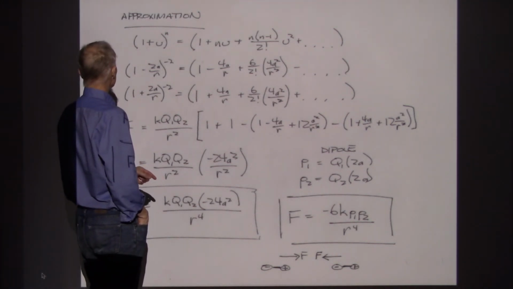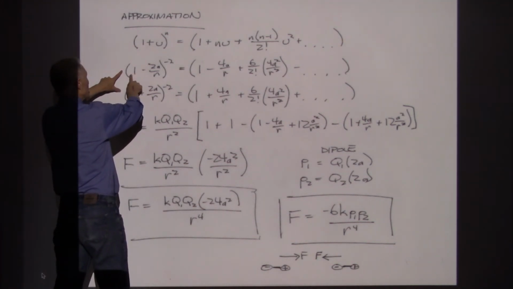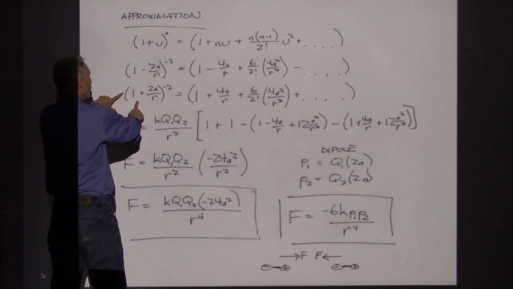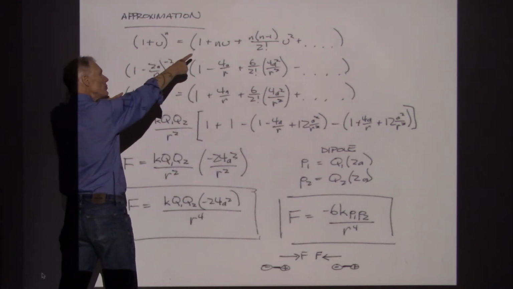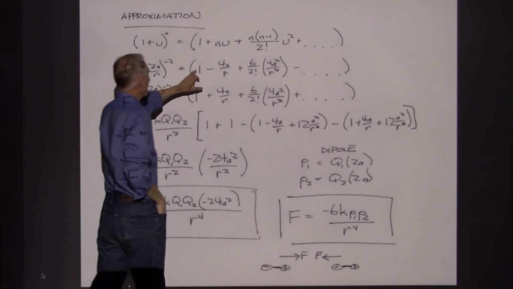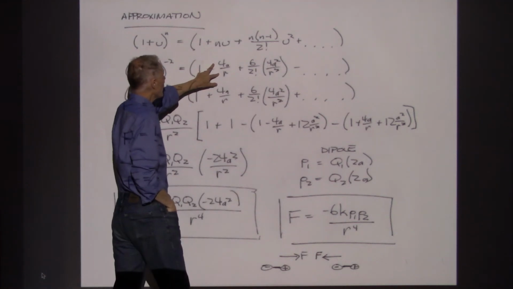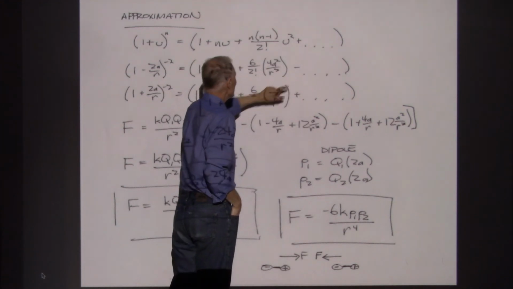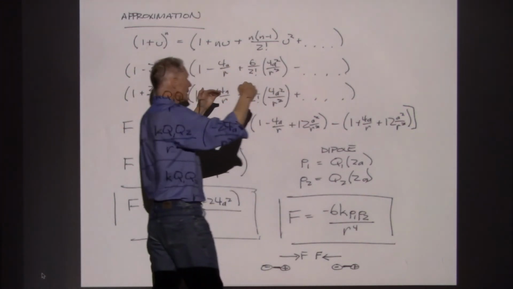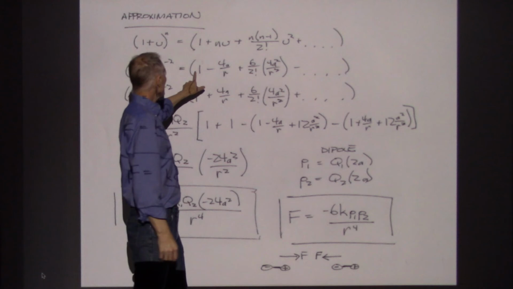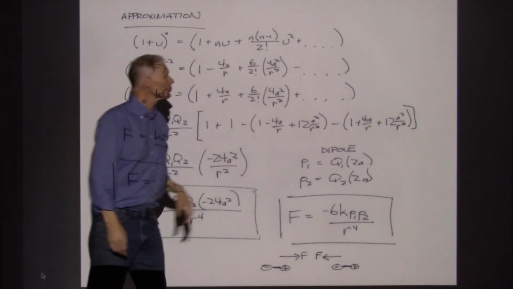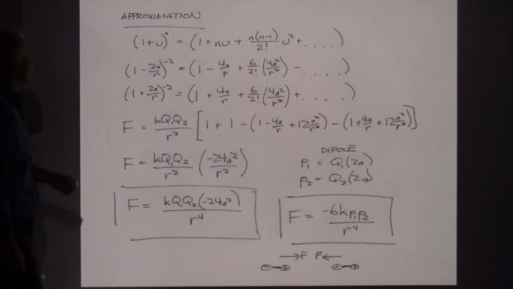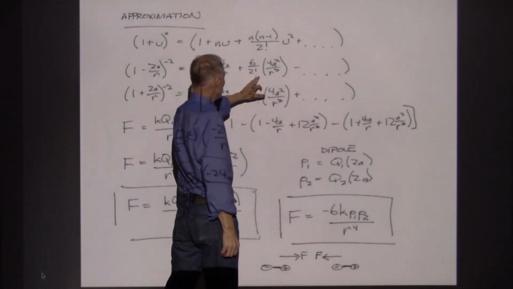Using our approximation formula, this becomes 1 minus 4a over r plus 6 over 2 factorial times 4a squared over r squared, minus, and the additional terms are getting smaller and smaller. It turns out that by keeping the first 3 terms, that's enough to solve the problem at hand. So I'm just going to keep these first 3 terms in the approximation.